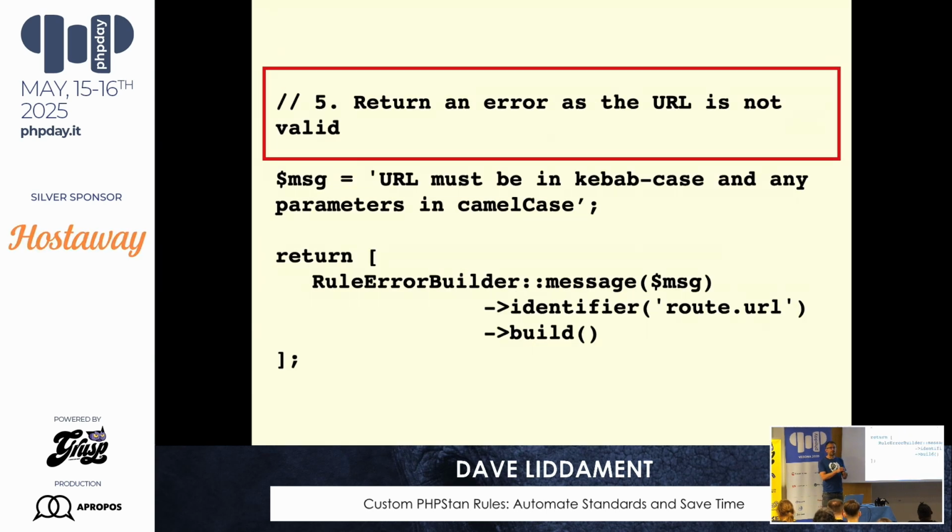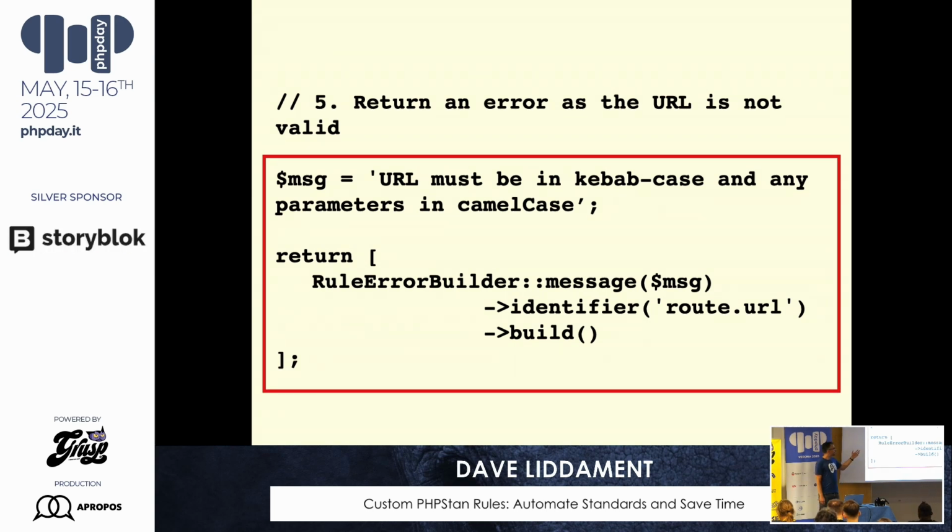So we've got a call on root, which is the method we're interested in. The URL, the string passed in, is not a valid URL, so we need to report that back to the user. So we've got a message, URL must be kebab case and parameters in camel case, and then we return, in this case, just a single error. We use PHPStan's rule error builder just to make it easy to create the error.